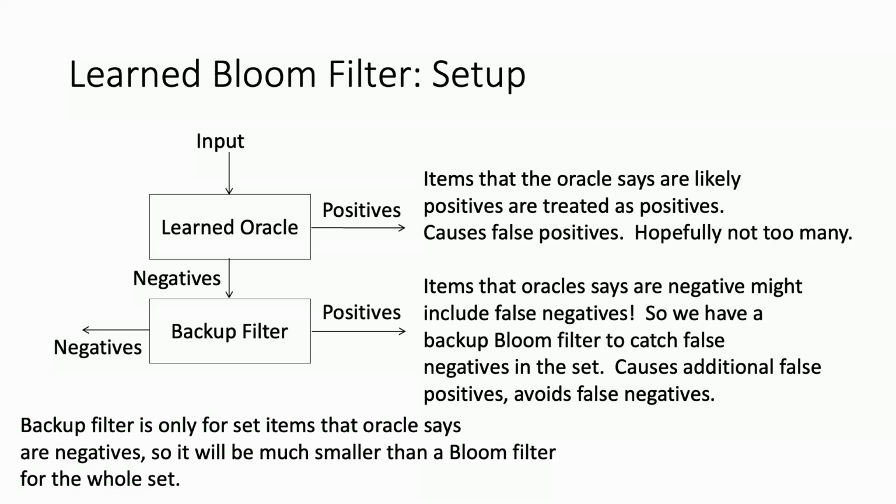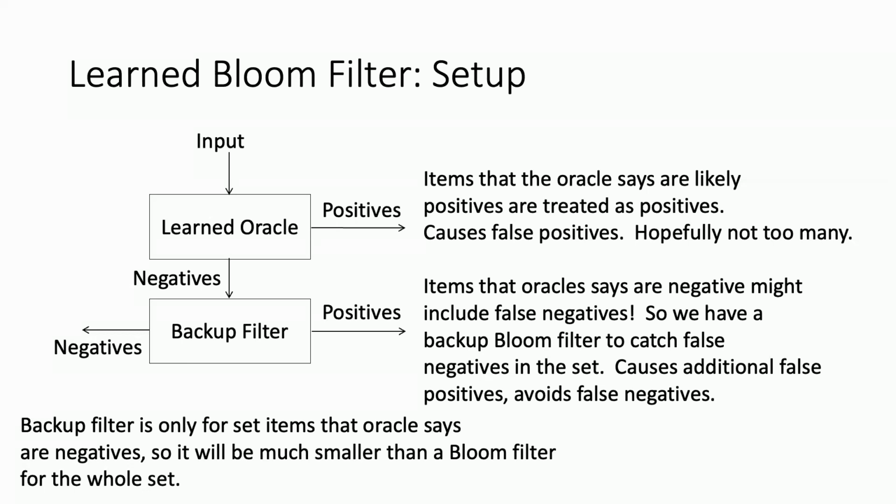And the key is that the backup Bloom filter doesn't have to be for the entire original set. It only needs to be for those elements that are in the set, but that the learned oracle said were negatives, which ideally should be a much smaller collection, right? So the idea is that this backup Bloom filter can be much, much smaller than a regular Bloom filter.